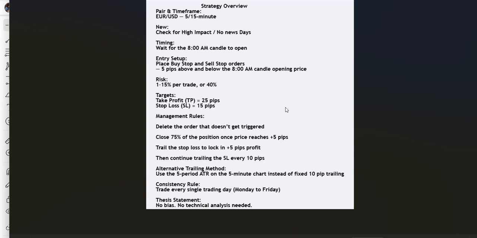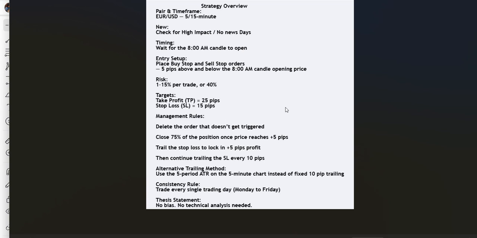Other additional apps that you might want to download, I'm gonna make a video about this, will be Google Spreadsheets, so you can have a trading journal to document all your trades and your trading psychology, how you felt and what you were thinking about during the trade. And you're also going to want to have a lot size calculator. Forex Factory also has a lot size calculator in the app, but you might want your own.